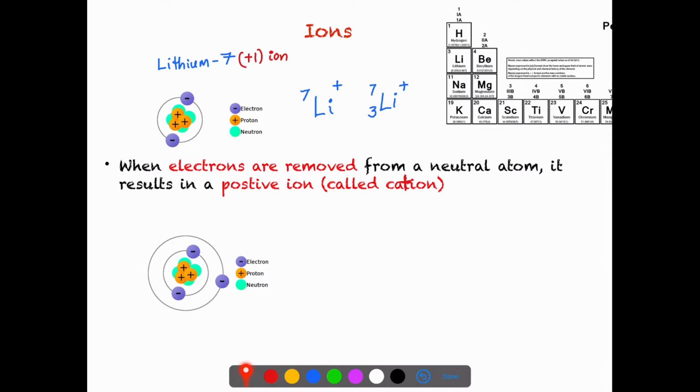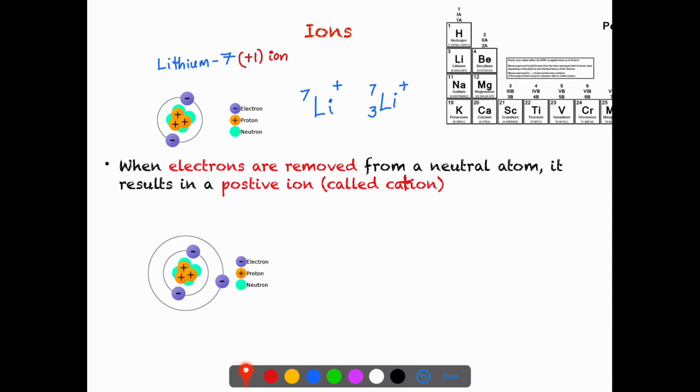Okay, because basically in most chemical reactions, electrons can be easily removed or added, not the protons. It's very difficult to change the number of protons. Those changes do happen in nuclear reactions, like in a nuclear reactor that produces electricity.